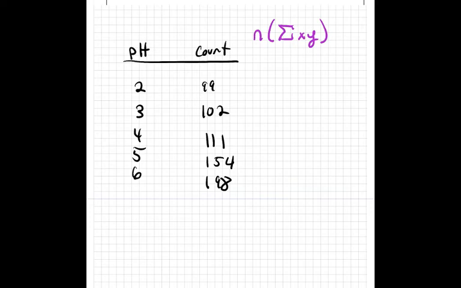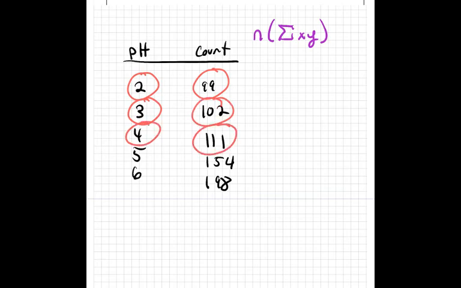In the context of what we're using this formula for, it means the first x times the first y, plus the second x times the second y. Again, this is the capital Greek letter sigma, and it just means add up your answers. So all we're doing is the first times the first plus the second times the second plus the third times the third, and so on.